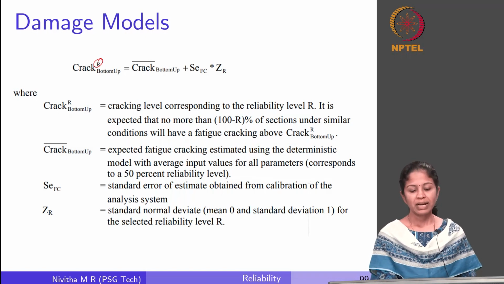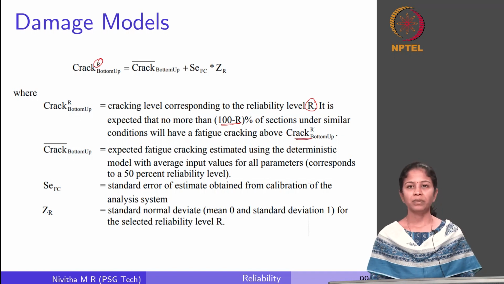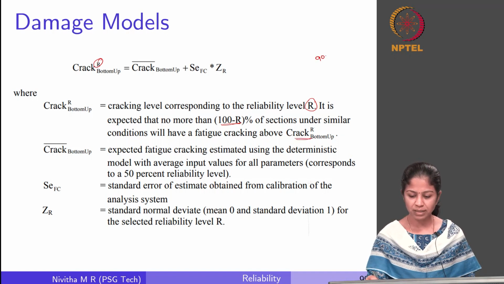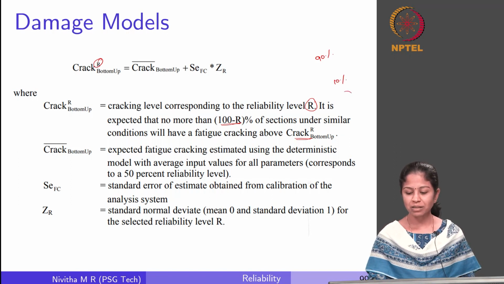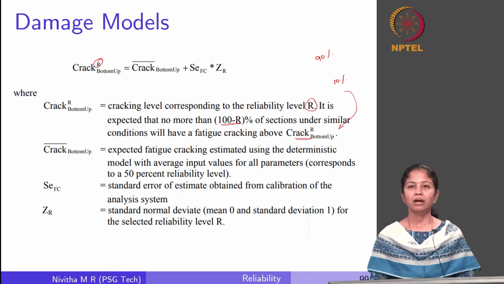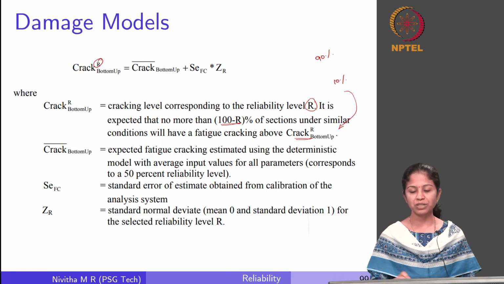It is a cracking level corresponding to the reliability level R. It is expected that no more than 100 minus R percent of the sections under similar conditions will have a fatigue cracking above this particular value. So, if my reliability is 90%, it is expected that only 10% of the sections will have a bottom up fatigue cracking value higher than this particular value which is given here. That is what this means, right.